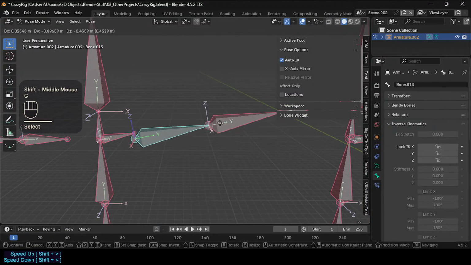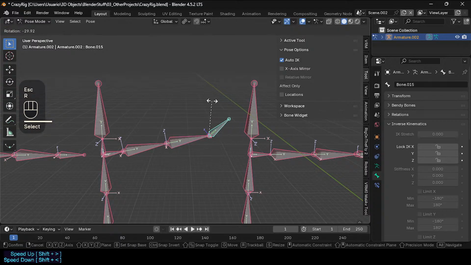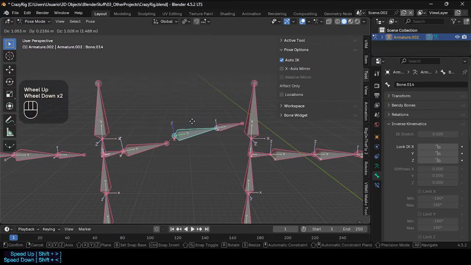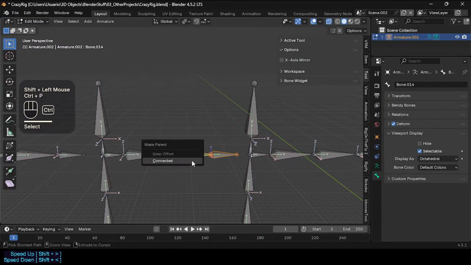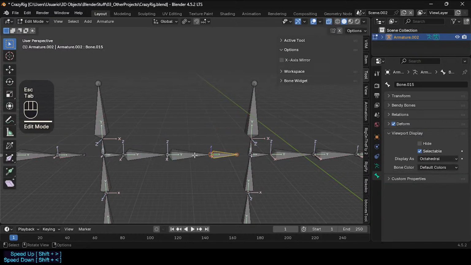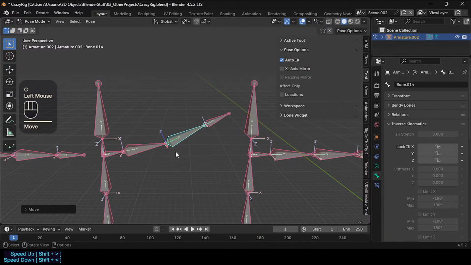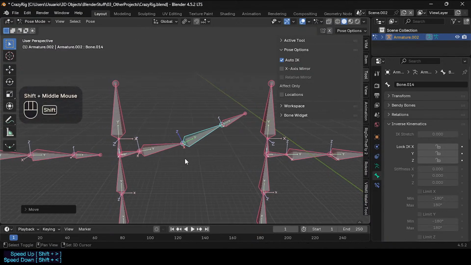Then the Auto IK option doesn't work anymore for them, because we cannot connect. The Auto IK chain doesn't work anymore.